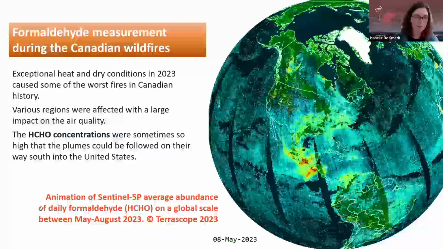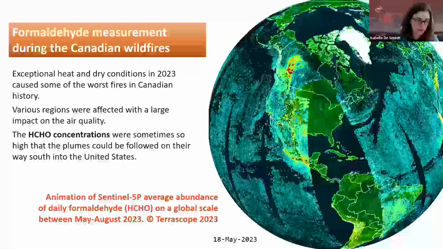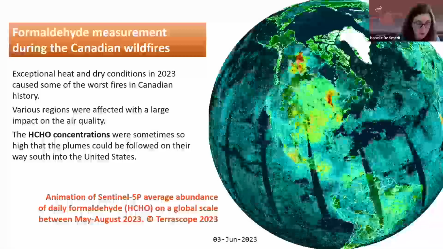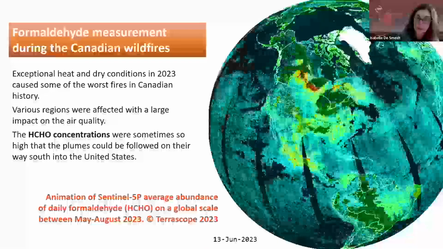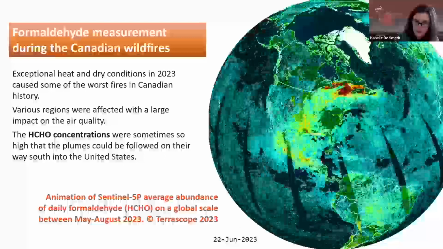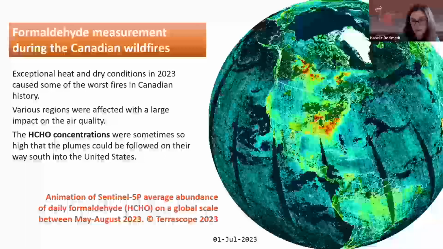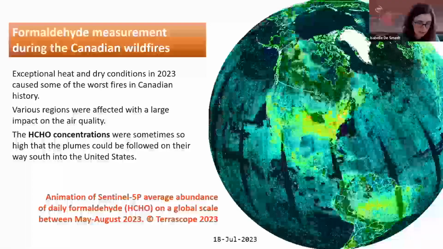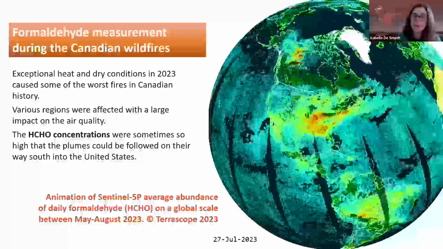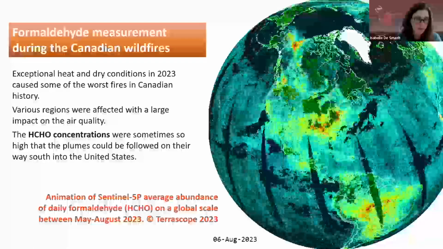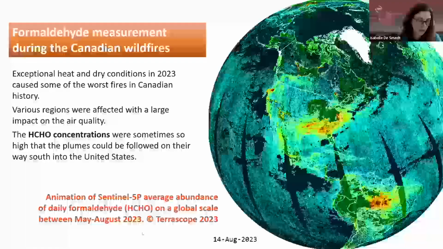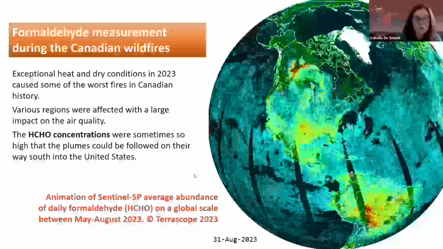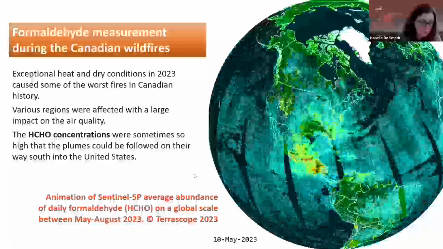Here I'm showing an animation that was created by Bira and Vito. Those are formaldehyde daily observations that you can see here. Each day is running quite fast between June and August 2023. The year 2023 was really exceptionally warm and dry in this part of the world, leading to the worst fires in Canadian history.